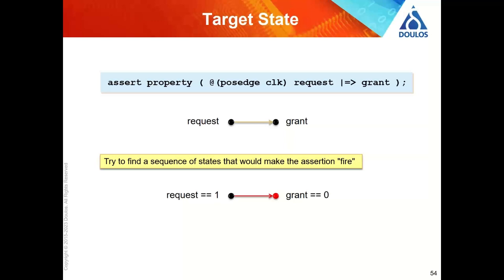the formal tool will try to find a sequence of states that would first of all make this fire. So request has to be 1, and then we can check to see whether grant is 0. The formal tool will look at all the preceding states to see which sequences of states would result in that request, and then whether any of those result in grant not being 0.